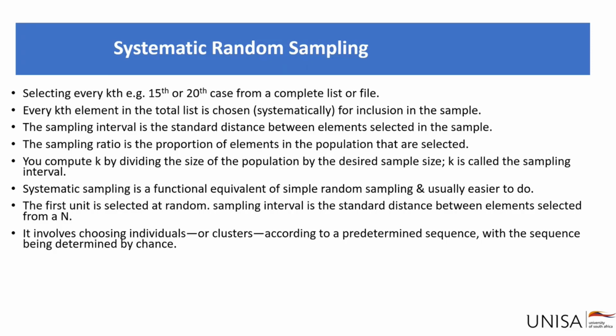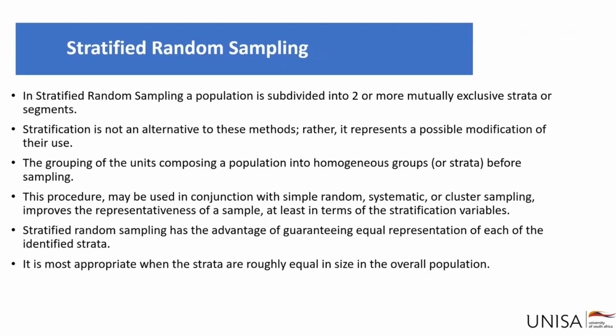So the sampling interval is the standard distance between elements selected from a population. It involves choosing individuals or clusters according to a predetermined sequence, with the sequence being determined by chance. So the fact that I'm going to do all K is really something that is determined by chance.